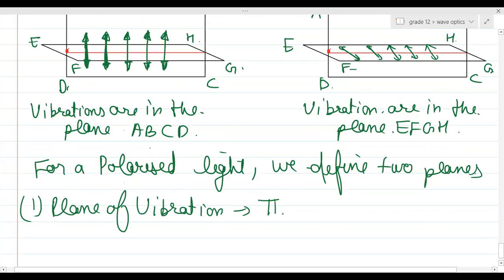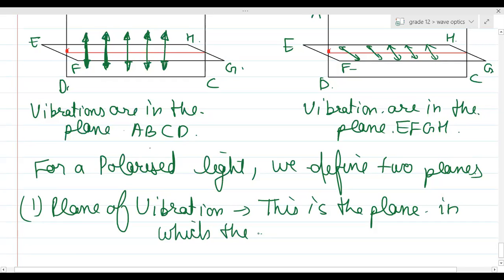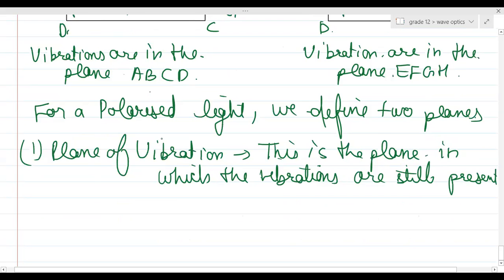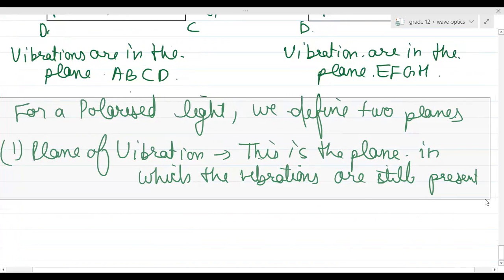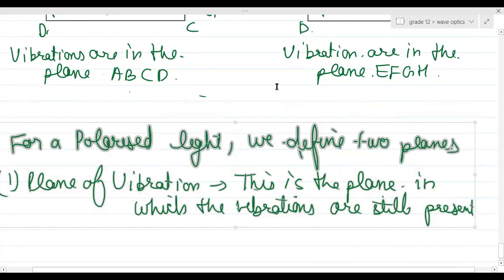This is the plane in which the vibrations are still present. These planes in which the vibrations are still present are called the plane of vibration.